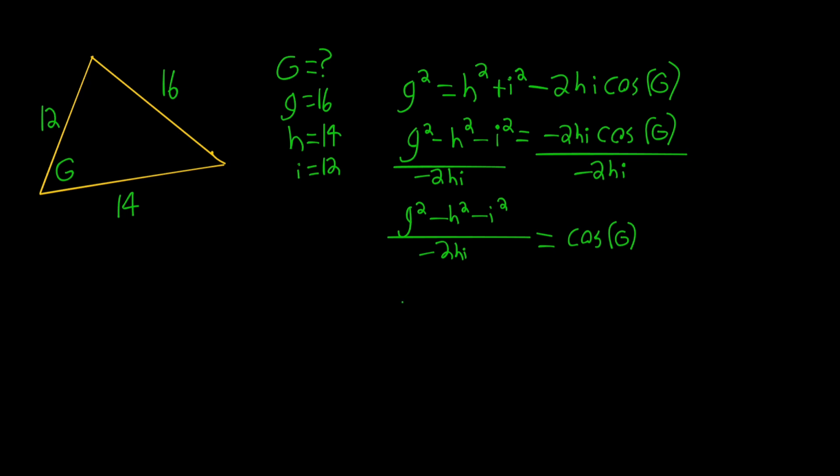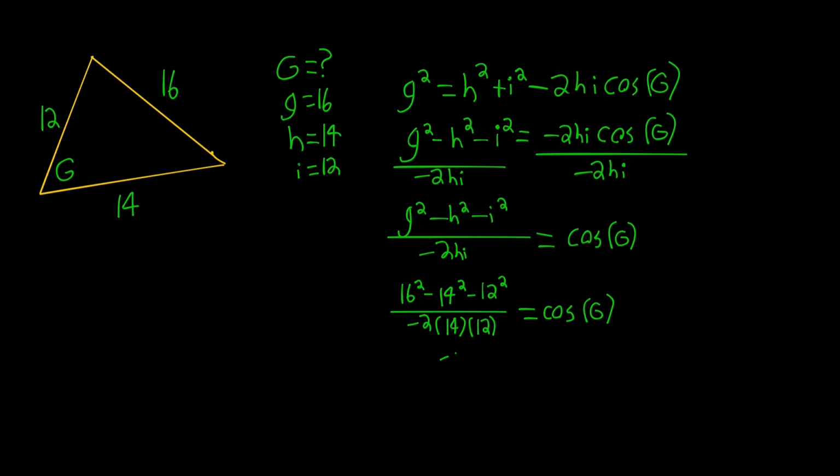Okay, 16 squared minus 14 squared minus 12 squared divided by negative 2 times 14 times 12 is equal to the cosine of the angle G. So let's do some quick math. I'm just going to plug it into my calculator in one go up top.